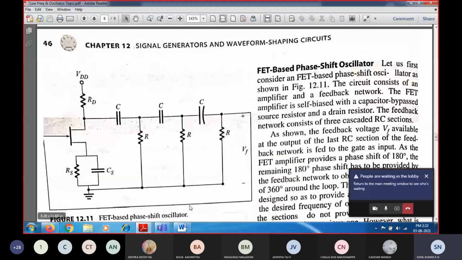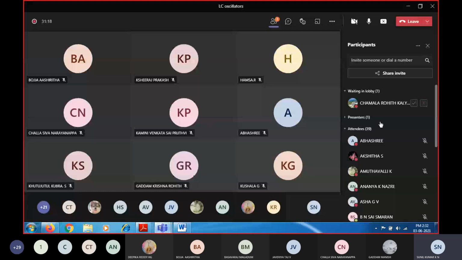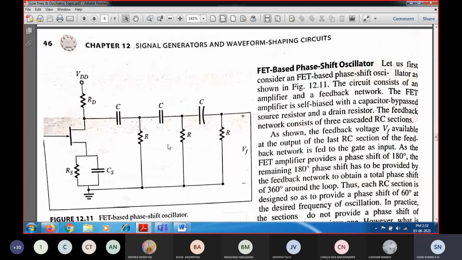Here is the circuit, and one more thing: the RC network used as a feedback network uses passive components like R and C, so the frequency of oscillation will be less than 100 kilohertz.